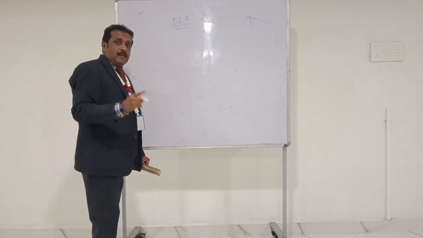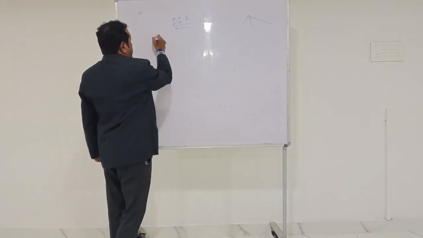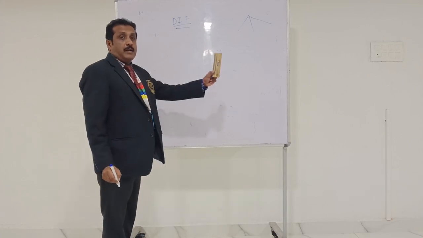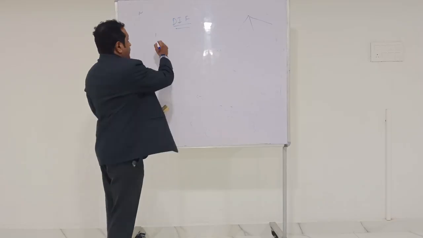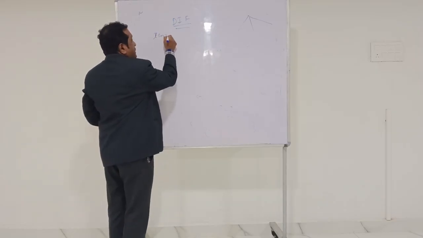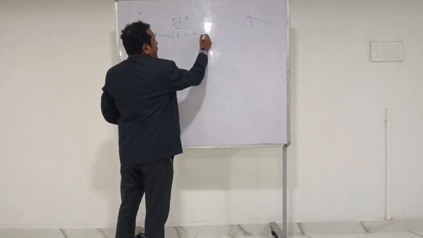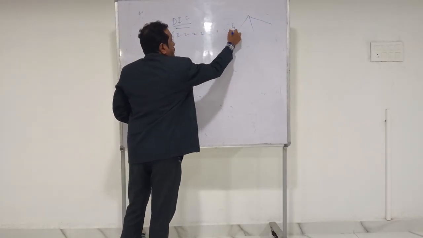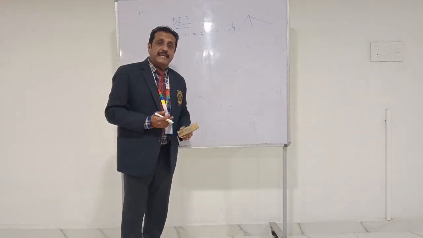As I said earlier, the major difference between DIT and DIF is, first, that here the input is in normal order and the output is in bit reverse order. For example, we take the same sequence, x of n equal to 2 2 2 2 and 1 1 1 1. The flow of DIF is also the reverse of DIT.